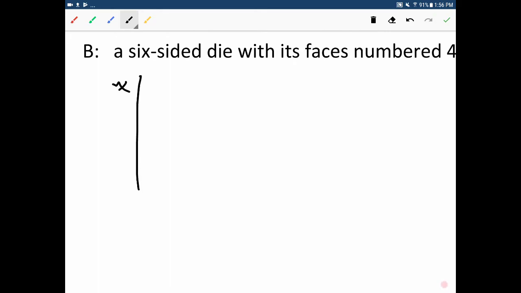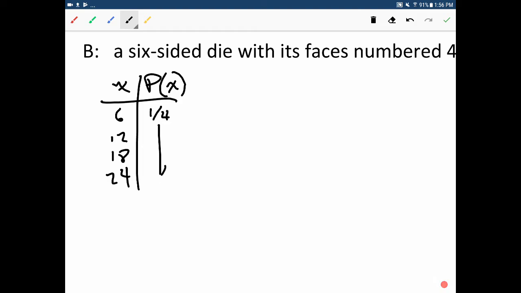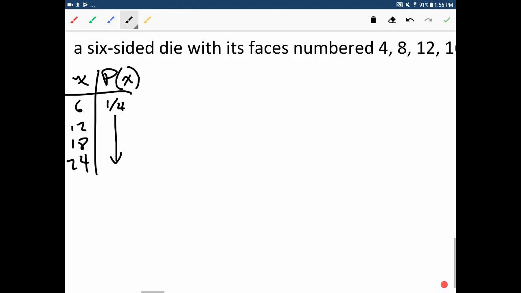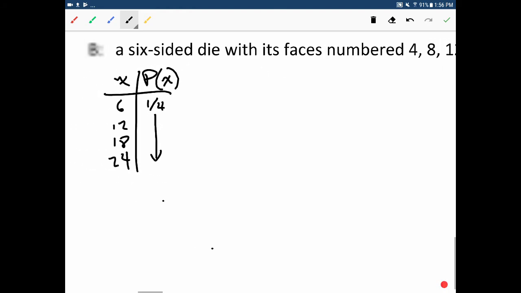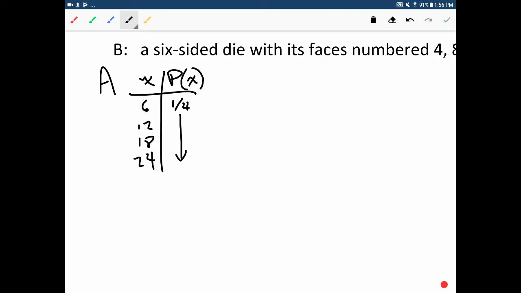We make a chart, and for each, we list all the possible outcomes. For the first one, we've got 6, 12, 18, and 24. There are 4 possible outcomes, equally likely, so the likelihood of each is 1 out of 4. That's A.